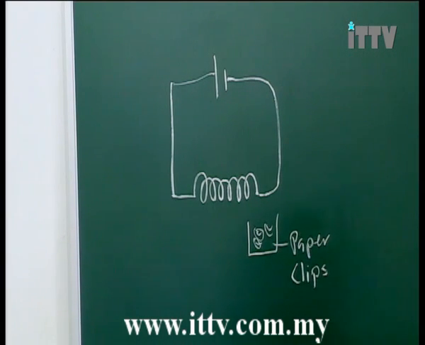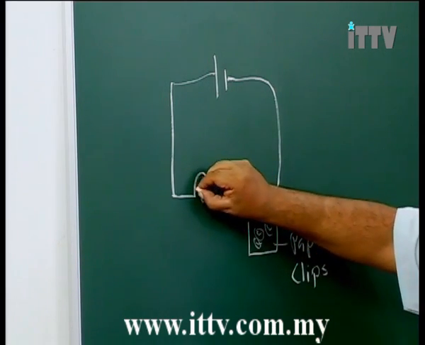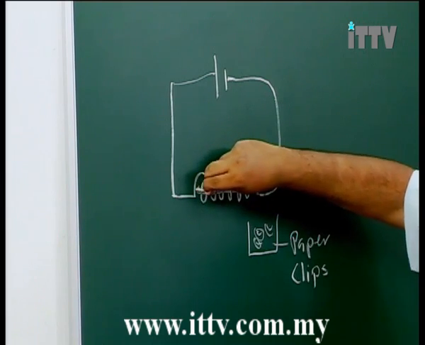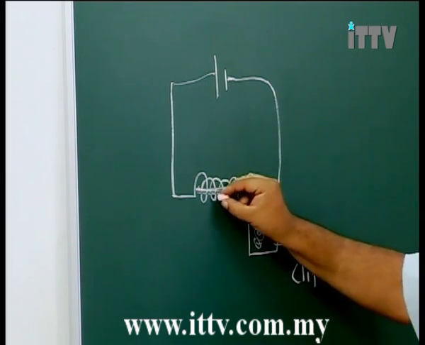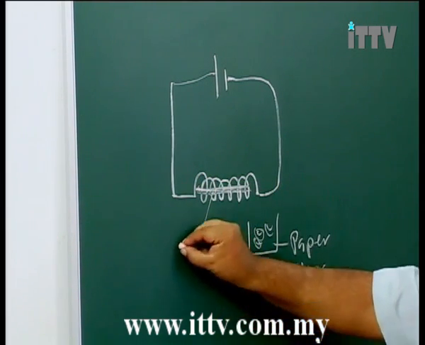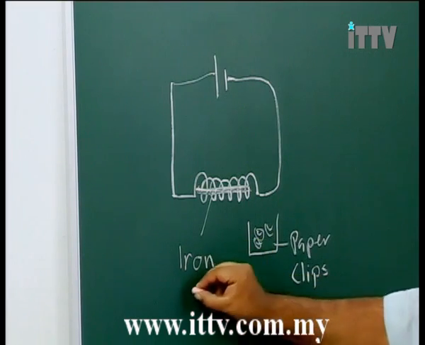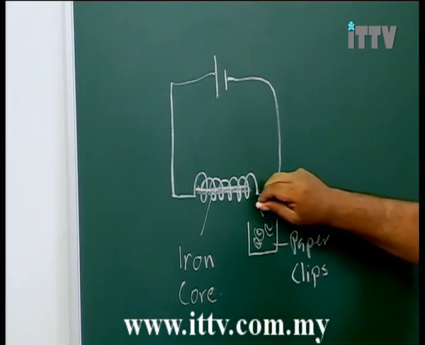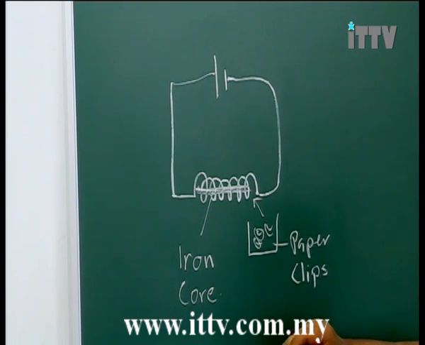Now, to try and increase the strength of the electromagnet, we first put an iron core inside. So we place an iron core inside, and let's label that as the iron core. Now we see how many paper clips are attracted to the iron core and the coil.